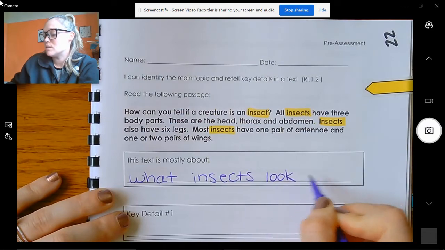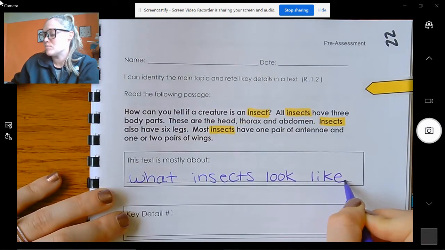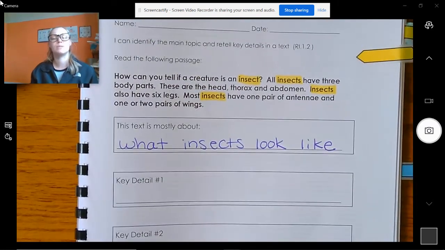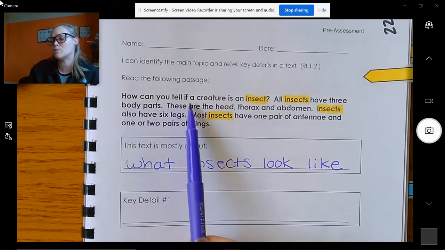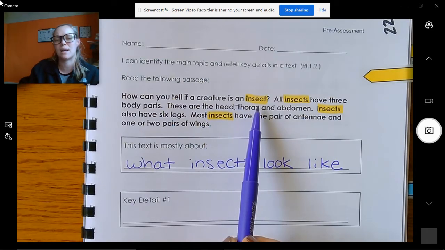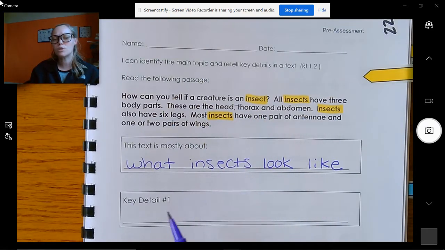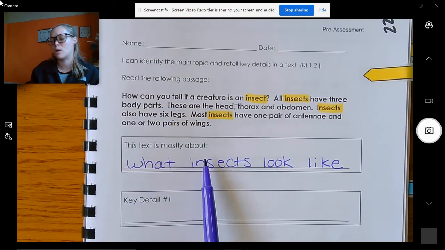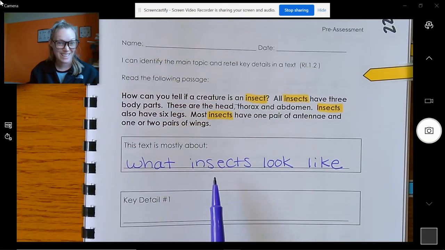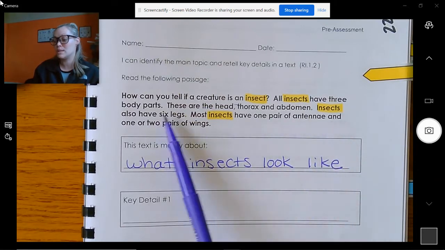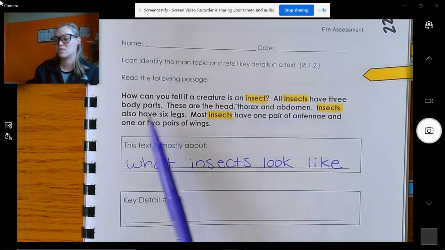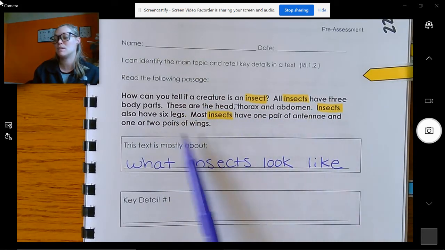look like. Now you could also say, because the topic sentence says, how can you tell if a creature is an insect? You could also say this text is mostly about what makes an insect, because we're learning that an insect has 3 body parts, head, thorax, abdomen, 6 legs.